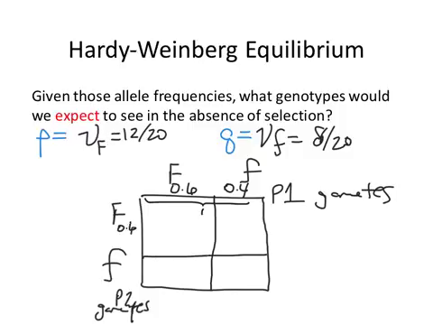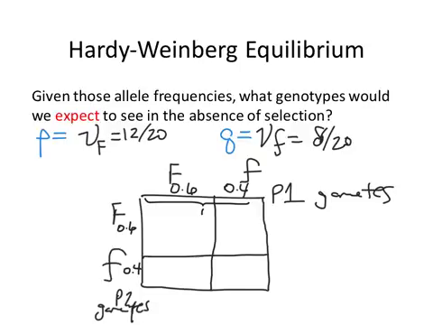So the heights of the two columns are the same. If you've got 60% big F's and 40% little f's, you can draw sort of this weird asymmetrical Punnett square. All this does is represents the frequencies of the two alleles and what you expect when they all come together at random at fertilization.